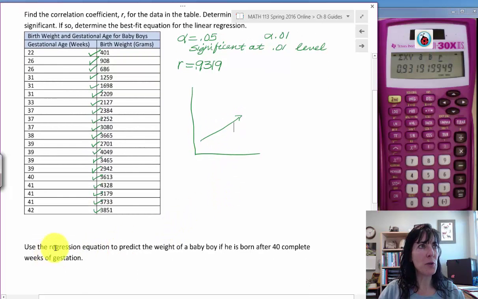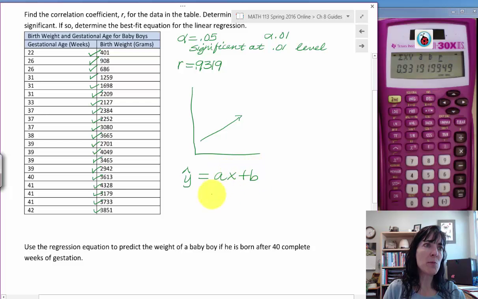So if I were to plot this, it would be going something like that. And then, if it is significant, which it was, I want to determine the best fit equation for the linear regression. So what I need to do is write out y hat equals, and then remember it's ax plus b.